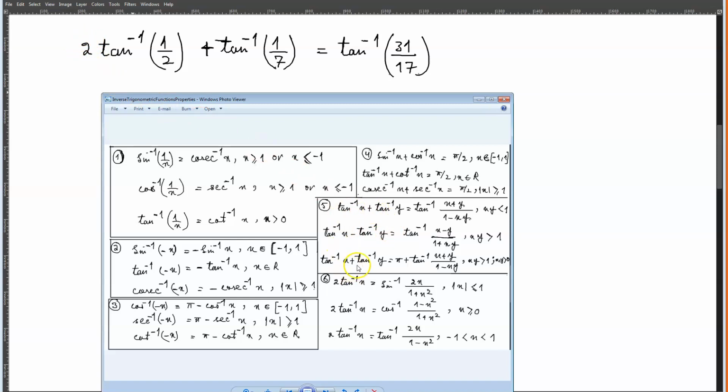That makes it not possible for me to directly combine them, since 2 tan inverse of x is not yet in the form of a single tan inverse. So what I can do is use this formula over here to write 2 tan inverse of x as a single tan inverse, and then once I have this in the form of tan inverse of x, I can use this formula, number 5, part 1, to put them together in order to write them as tan inverse of 31/17, right?